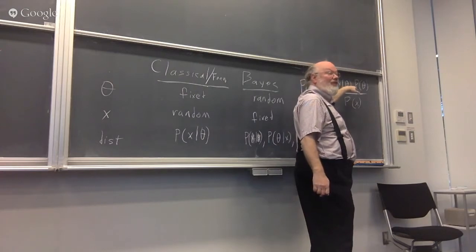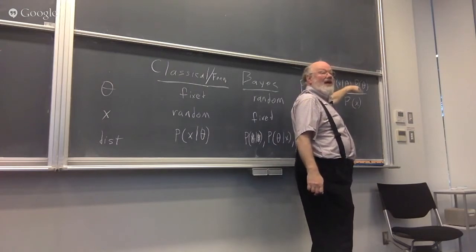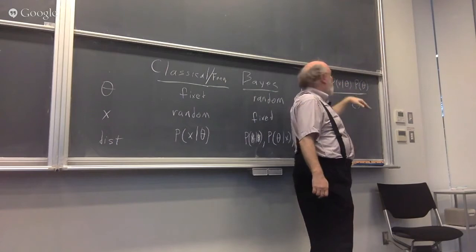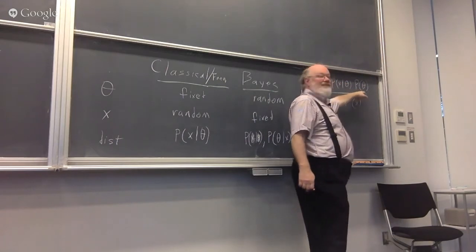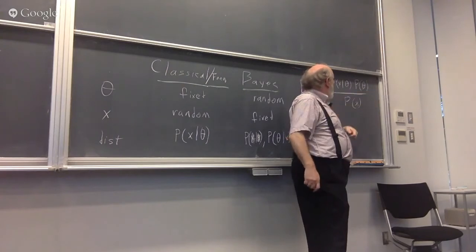This is where the frequentists go. This is the forward calculation from a hypothesis and a model to predict the data. And this is this bothersome prior.